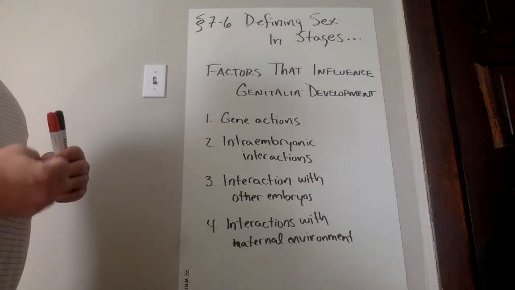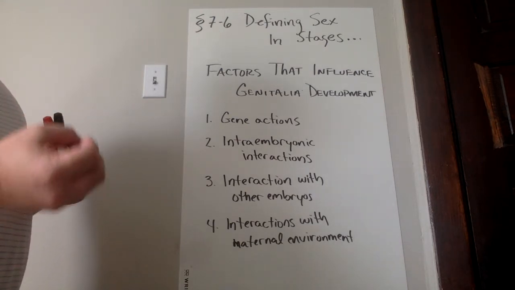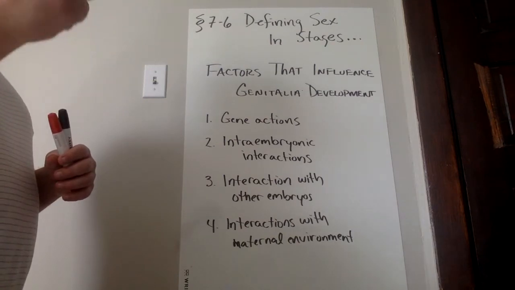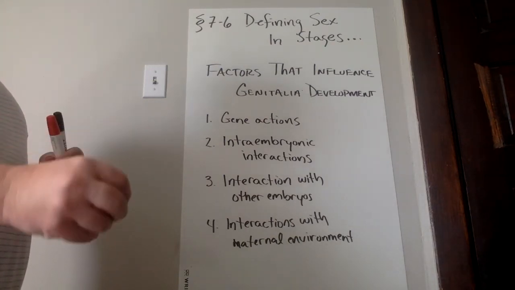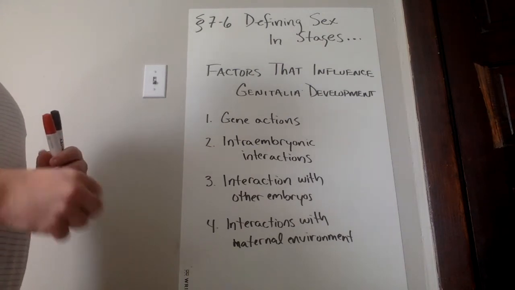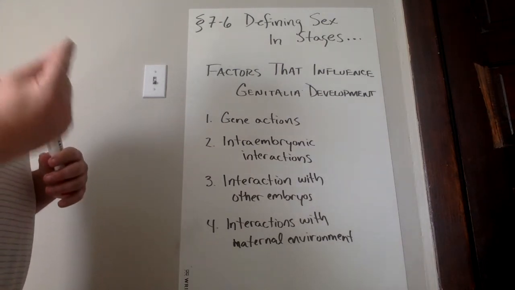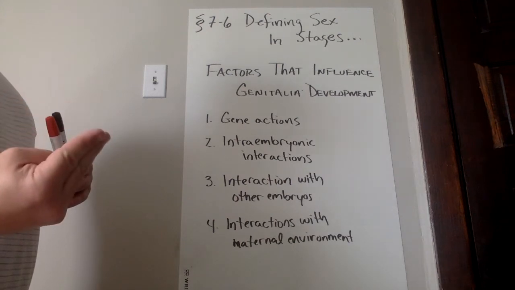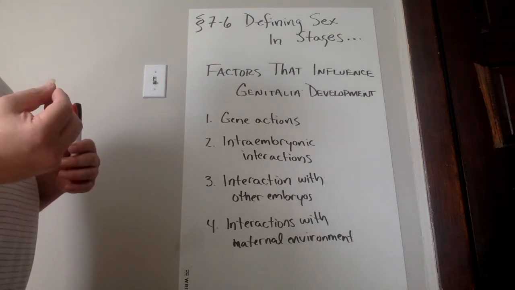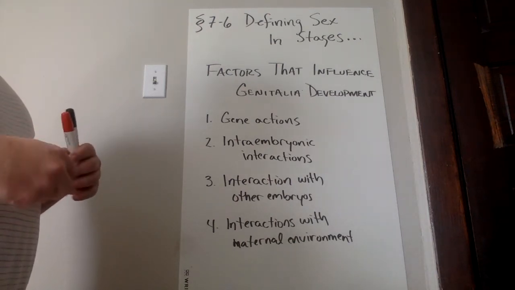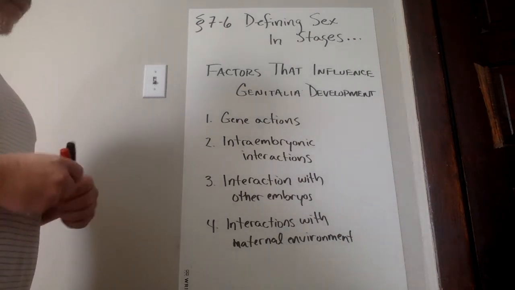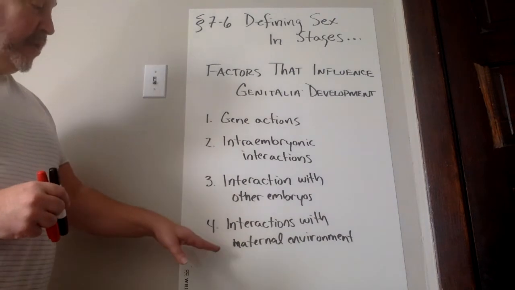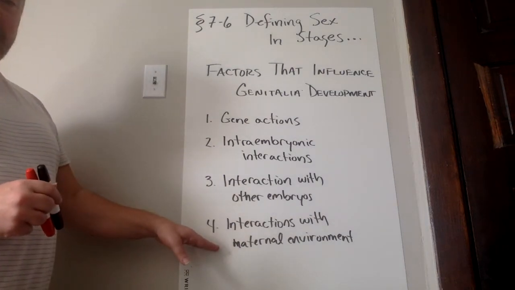There are often many cases of several embryos all being formed through one course of intercourse, but maybe only one ends up developing, or maybe two. So there are the possibilities that those other embryos, in their struggle to figure out which one develops, can also influence each other. And then you have interactions with the maternal environment.